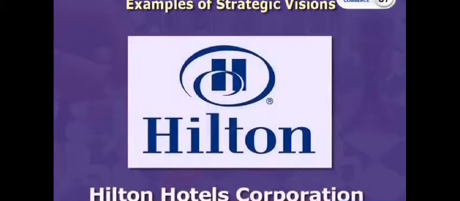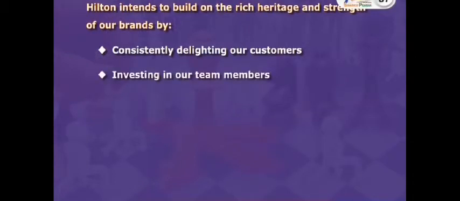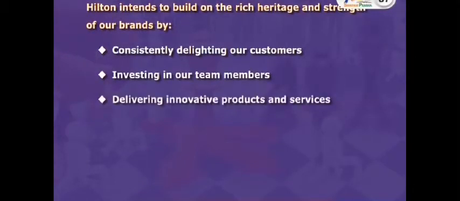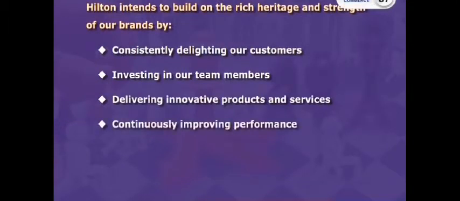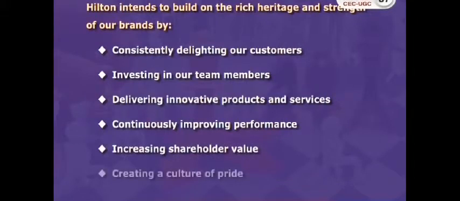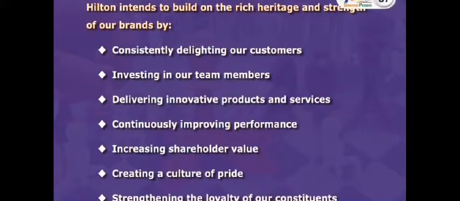Now, an example of Hilton Hotels Corporation. Our vision is to be the first choice of the world's travelers. Hilton intends to build on the rich heritage and strength of our brands by consistently delighting our customers, investing in our team members, delivering innovative products and services, continuously improving performance, increasing shareholder value, creating a culture of pride, strengthening the loyalty of our constituents.